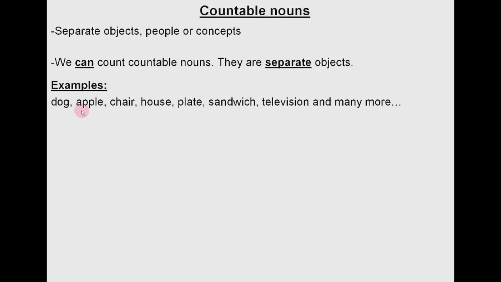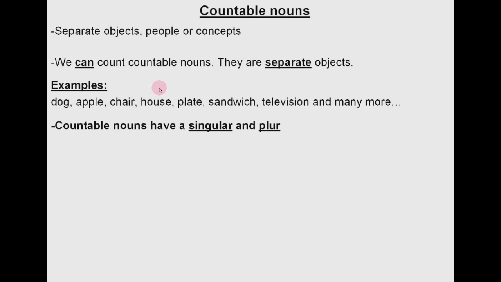Countable nouns are very easy to identify because they are all separate and individual objects. So it's quite easy to identify a countable noun.